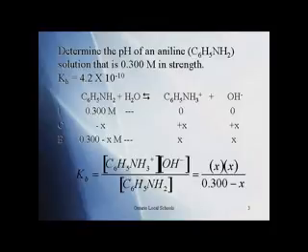So at equilibrium, we'll have 0.3 moles per liter of aniline minus X, and then X amount of C6H5NH3 plus and OH minus.